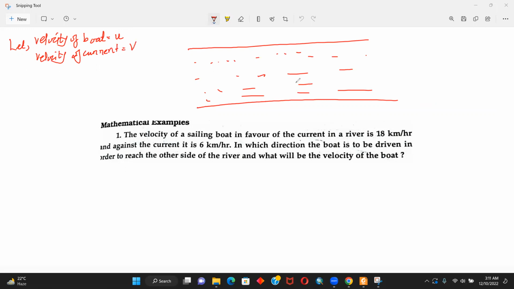Now, say for instance, let us consider that the current is flowing in this direction. And the boat starts from this point and it exactly wants to reach the opposite side. In order to reach the other side of the river, that means exactly the opposite point. Understand up until now?